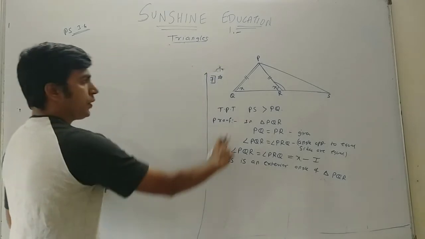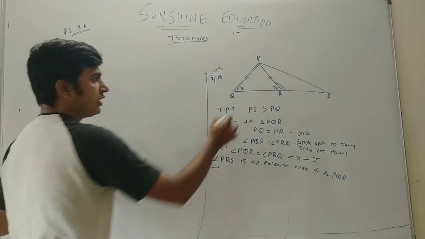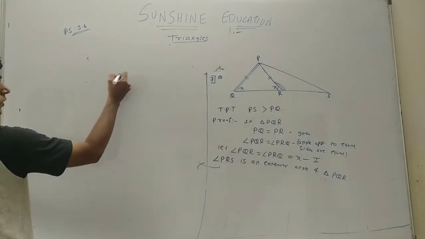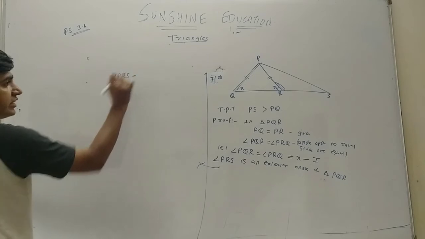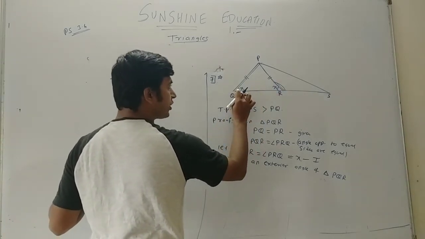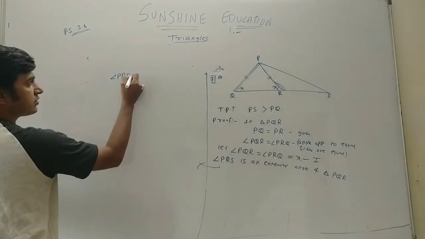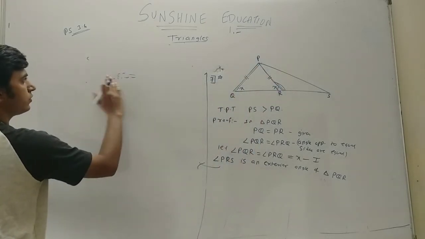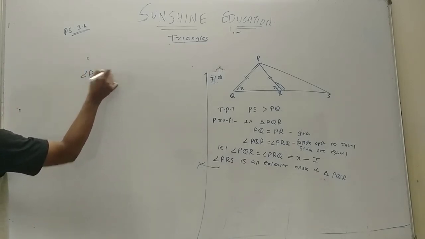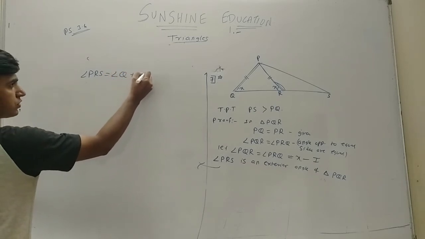Therefore, angle PRS is the sum of the two remote interior angles, that is angle Q plus angle QPR. PRS, which is the exterior angle, is the sum of Q plus QPR.